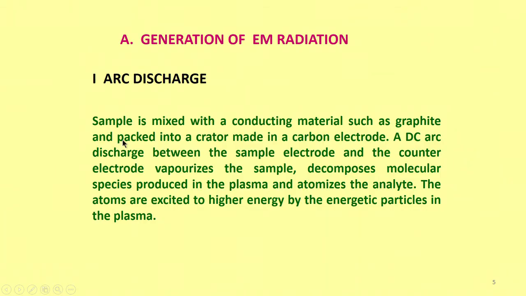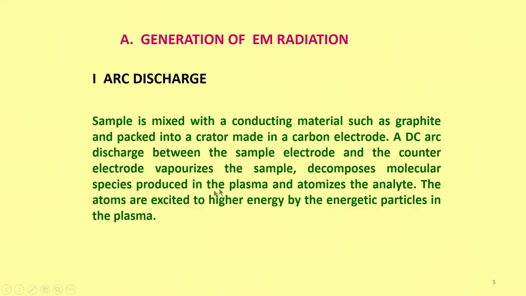We call it arc discharge. As long as the current passes from one electrode to another, the arc is active. The high temperature obtained decomposes the molecular species produced in the plasma and atomizes the analyte. That is what we want. We want the molecules to decompose and become atoms, ions and isotopes.